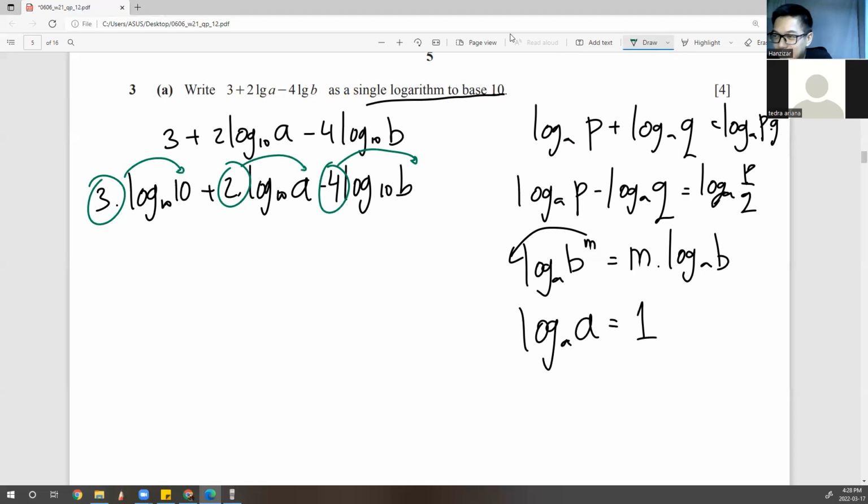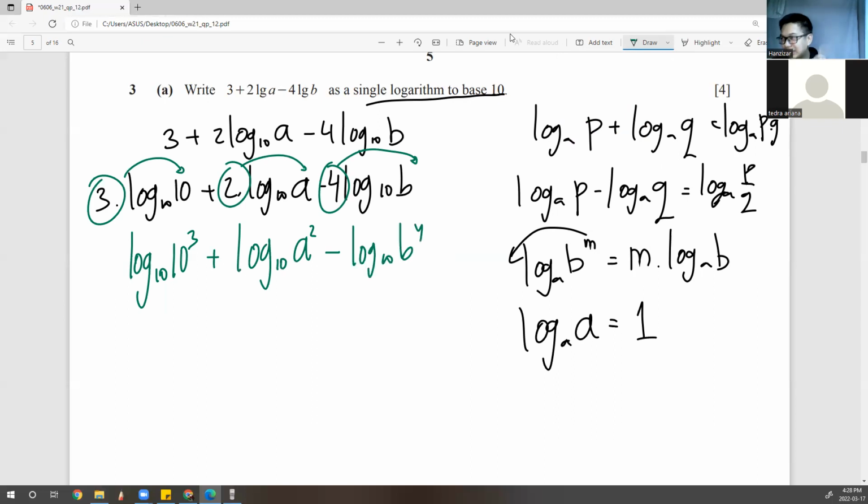Log 10 of 10 cubed plus log 10 of a squared, minus log 10 of b power 4. And everything is already on the same base, log 10, right? So log 10 of 10 cubed times a squared, over b power 4. Make it more simple. We can simplify this.